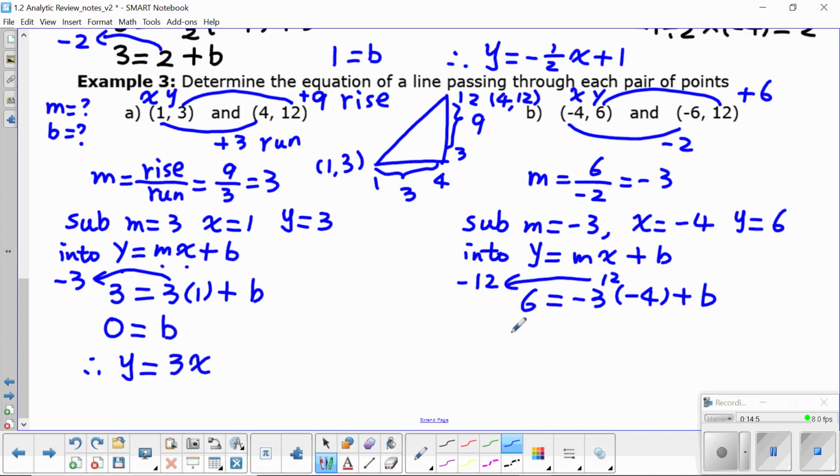Negative 12 plus 6 give you negative 6. Then we have the slope, we have the b value, we sub in to y equals mx plus b is negative 3x minus 6. So check your answer, please.